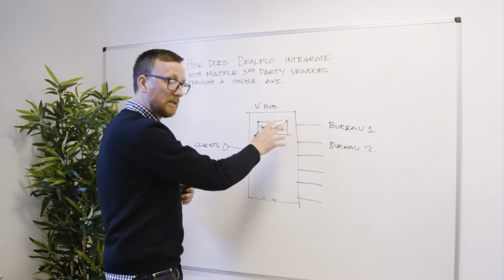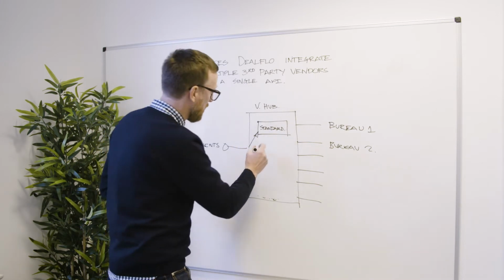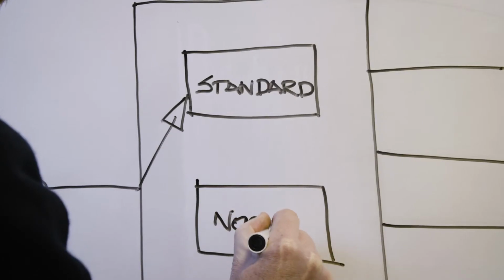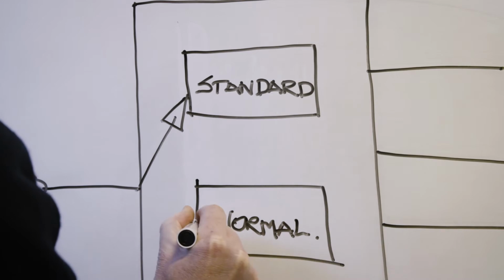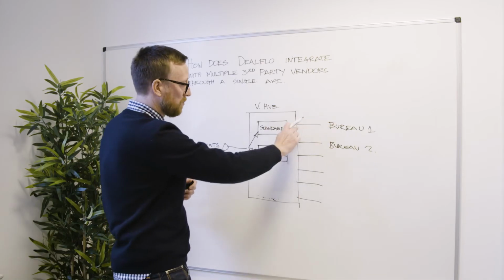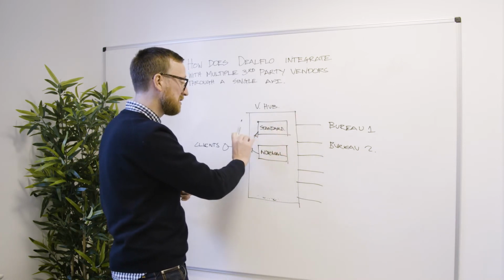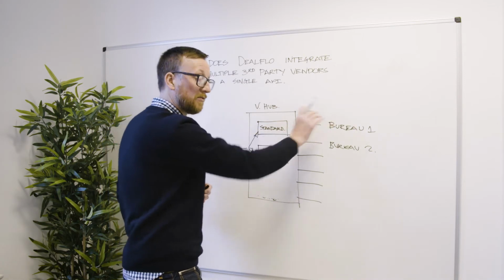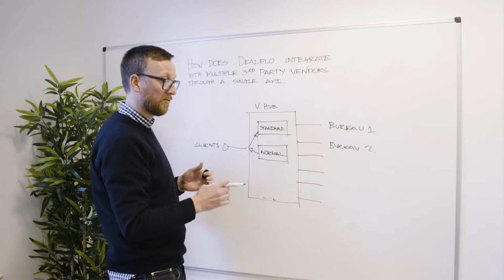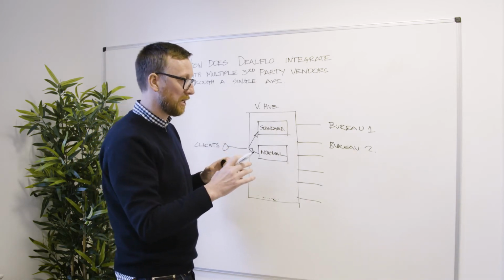Now, a bit more complex is the response coming back from the bureaus. And there we just work on some normalization. So response from Bureau 1, we will interrogate that response and we will form a Dealflo response based on the information in Bureau 1's response, giving back structured information about the result of the ID check, top-level information about the ID check.